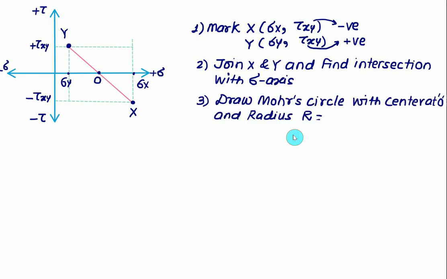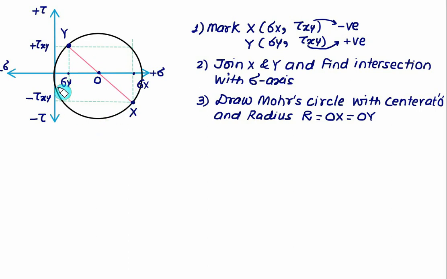Then you take O as the center and the radius equal to either OX or OY, and draw the full circle, which will be called the Mohr circle. So with O at the center and XY as the diameter, you draw the full circle.